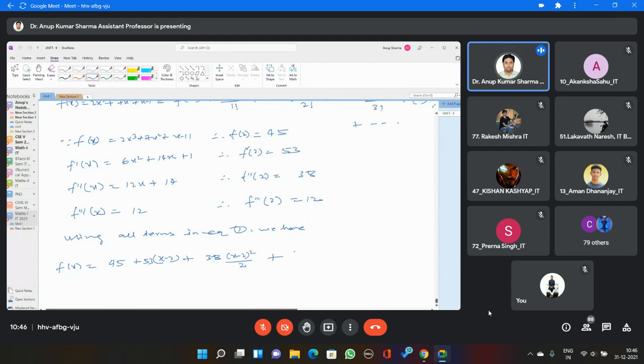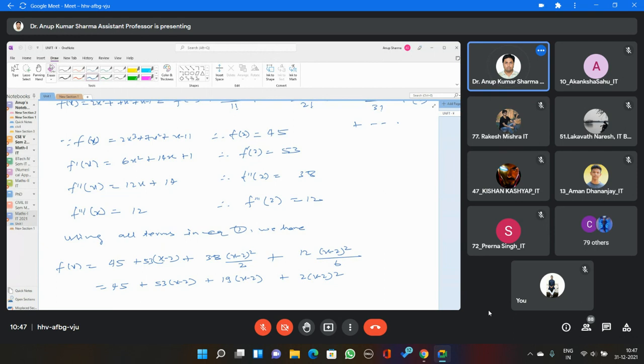The next is 12 upon factorial 3, that means 6. So we are getting 45, 53 (x minus 2), and 19 (x minus 2) square, plus 2 (x minus 2) whole cube.